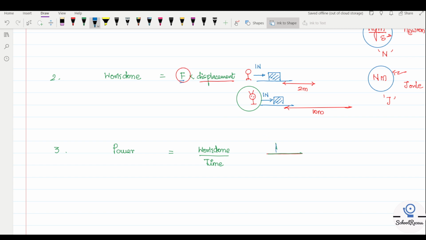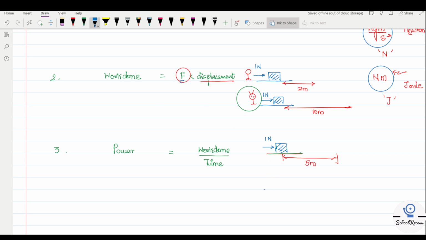Again, the same 1 kg mass of an object. A person is standing here giving 1 Newton of force. Now the distance is the same. Say for example, there is a race and the distance is the same for both persons, that is for example 5 meter.